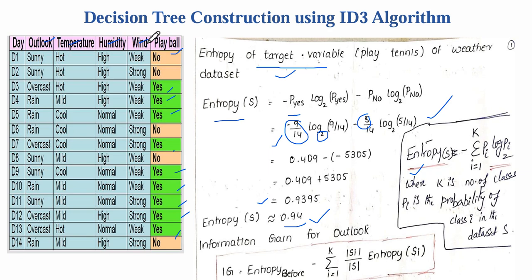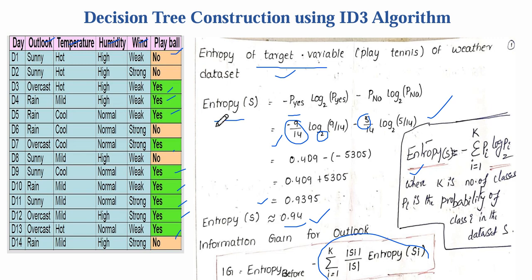To calculate the gain, we take the entropy of the entire data set and subtract the remaining part: entropy before minus the sum over i equal to 1 of modulus of Si by S times entropy of Si, where Si is a subset of S. You will understand this clearly in the next slide.